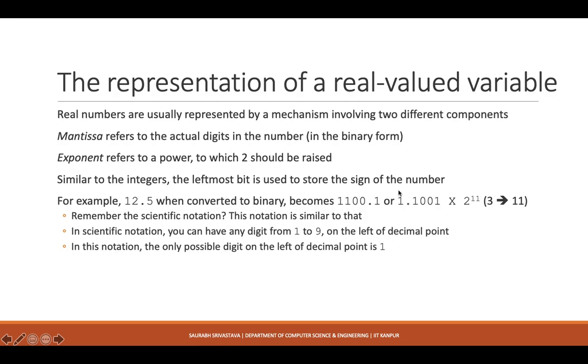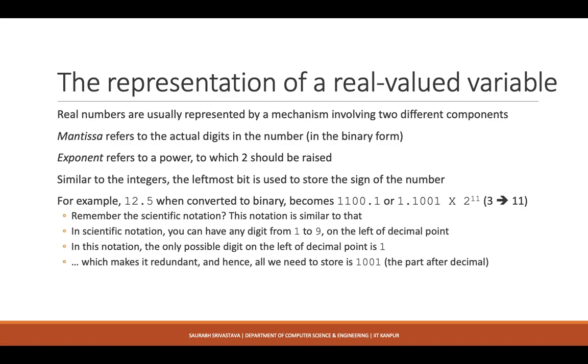So the only digit that is possible on the left side of the decimal is 1. So basically storing this 1 is redundant, right? Because it's implied that there is always going to be a 1 here. So essentially, in order to represent 12.5, all I need to store is just 1001. Everything after the decimal point, because whatever is before the decimal point is implied. I already know that it is 1.